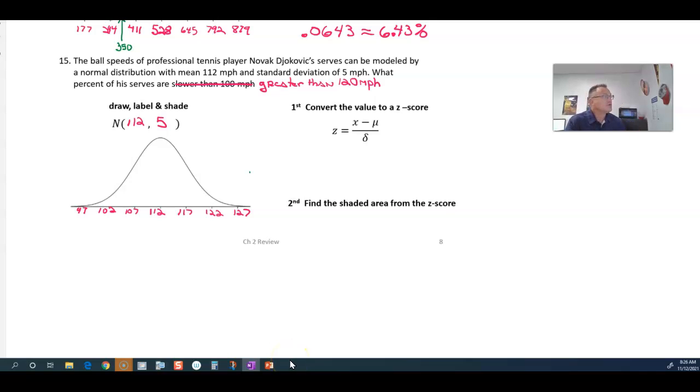Okay, so greater than 120. So if I was going to put that on here, 120 maybe would be about there. So I want to find the area that is to the right of that.